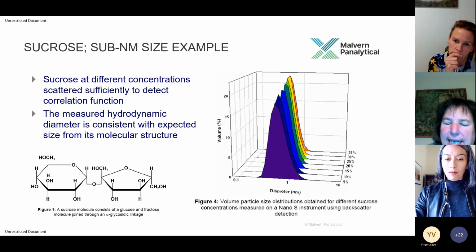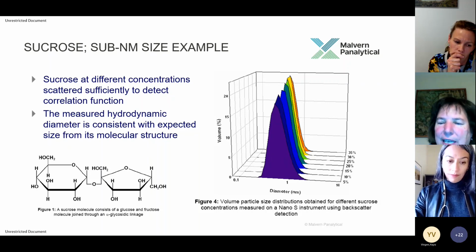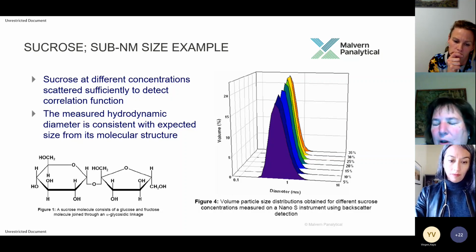So this data was published and is one of the examples of how we set the bottom specification for the Zetasizer at 0.6 nanometers. We are also able to measure cholesterol, which is, I think, 0.62 nanometers.